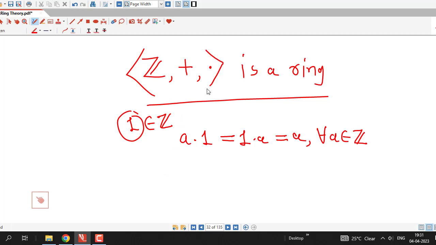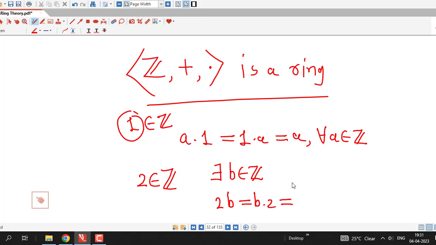Now what about inverse? Suppose we consider 2 in the set of integers, 2 belongs to Z, and we are interested in the inverse of 2 in Z. Then we have to find another integer B in Z such that 2 into B equal to B into 2 equal to the identity of Z, which is 1.